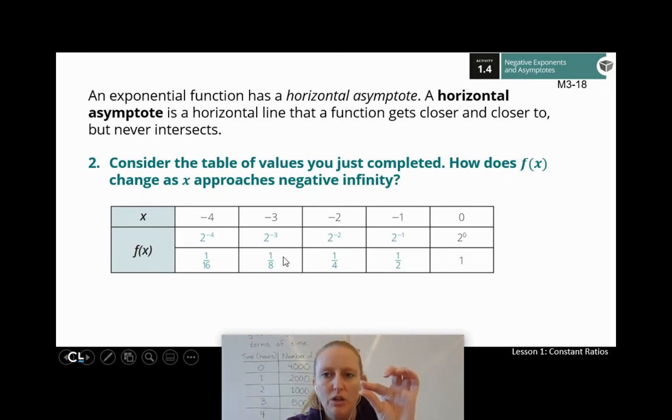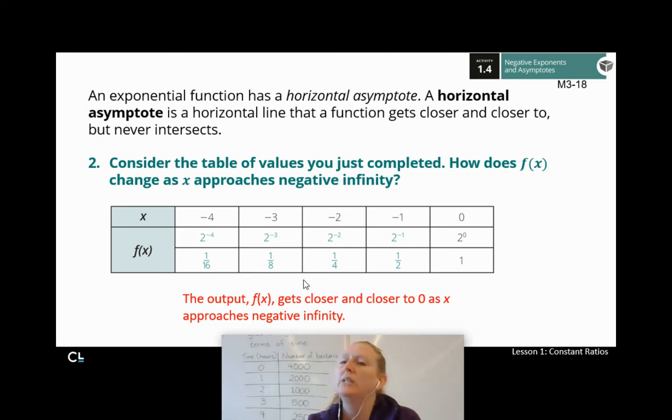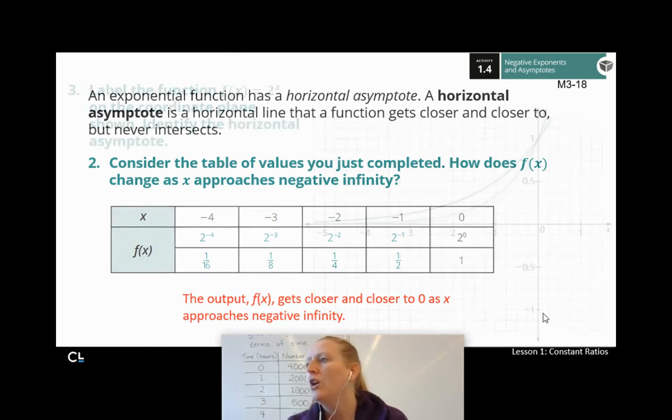It's getting closer and closer to 0. It never actually gets there, but it's trying really, really hard. It's pushing closer and closer.